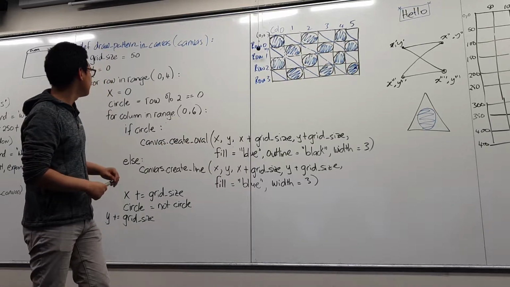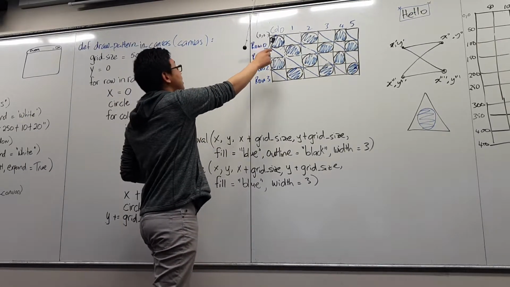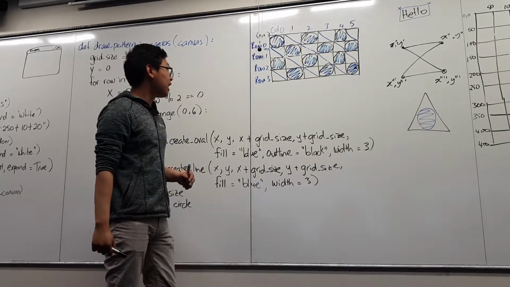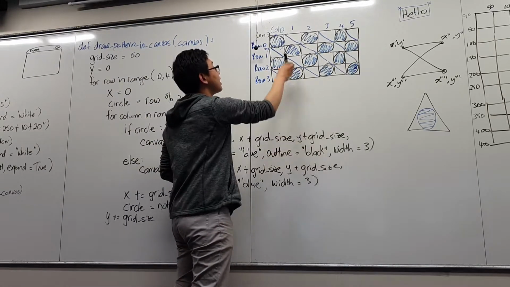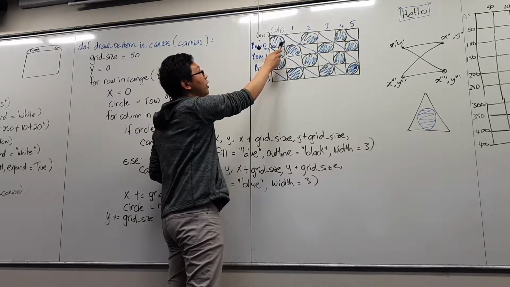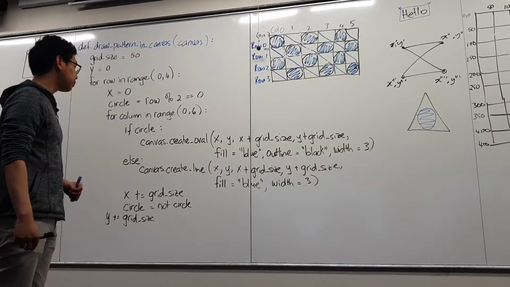As you can imagine, in the first row and the first column, x and y are 0 and 0. So that's the top left point here. I want to make my circle as big as the grid, so x plus grid size and y plus grid size, that's my bottom right corner. And there we go, I create my circle with all these parameters.